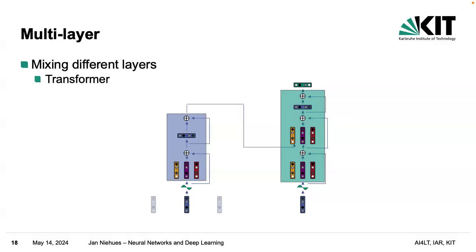In the decoder, it's even more complex. First you have a self-attention layer. Then you have this cross-attention, which we mentioned before, which takes your inputs and looks at the encoder to see what is important now. Then you have a linear transformation.